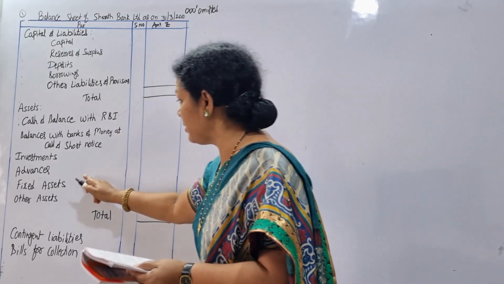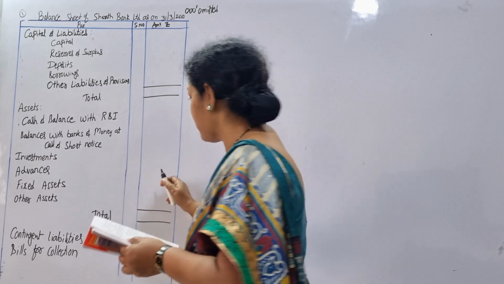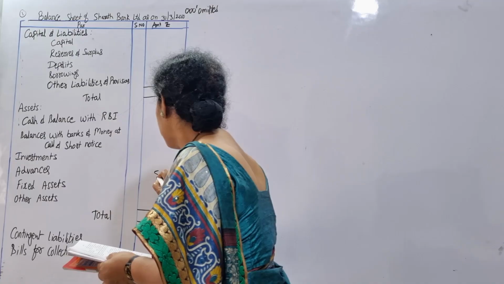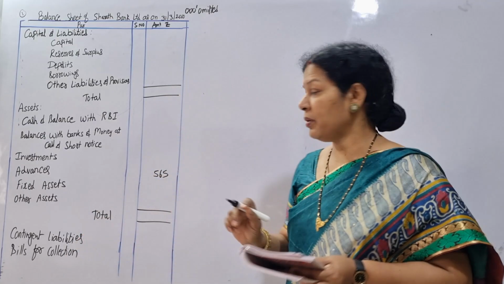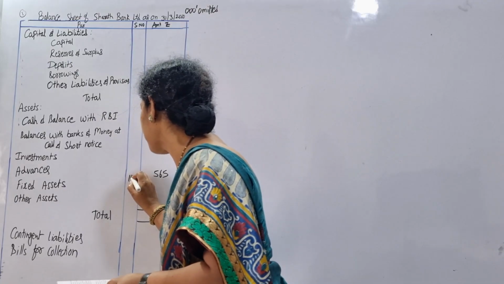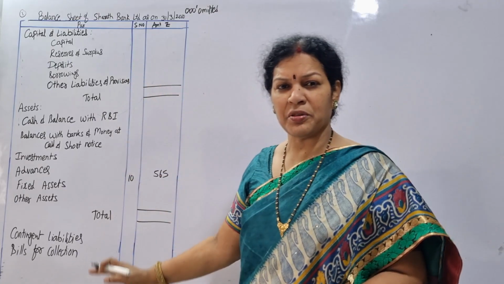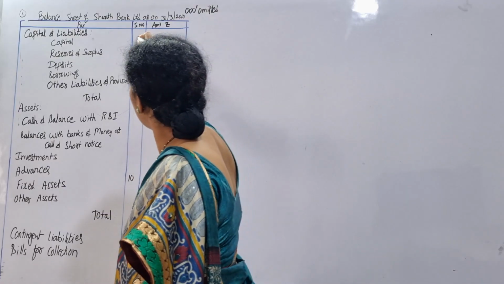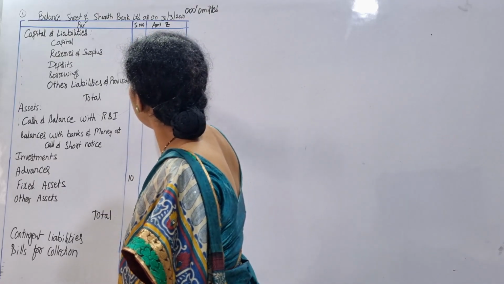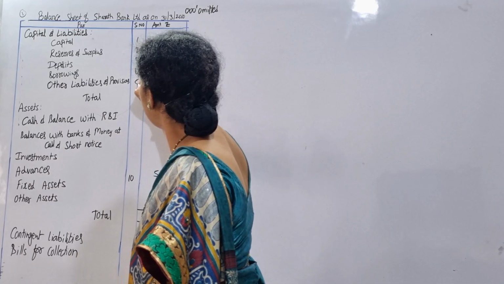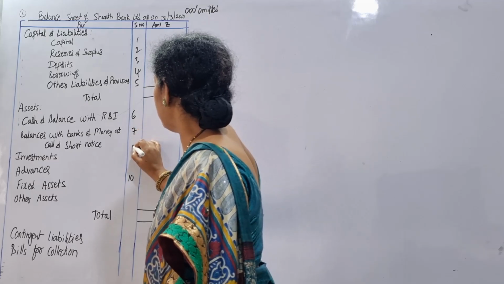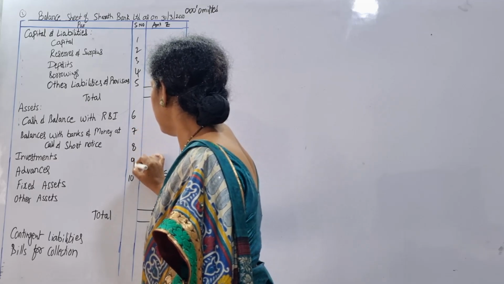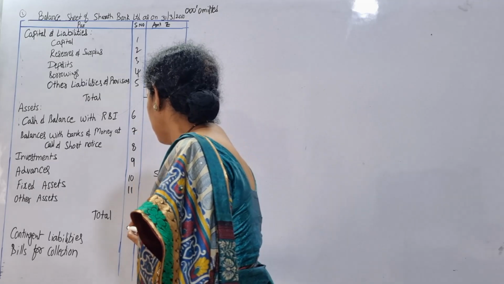Fixed assets, where is it? It is here, 565. So this is schedule number 10. Or we'll write the schedule numbers: 1, 2, 3, 4, 5, then RBI 6, 7, 8, 9, 10, 11, 12.